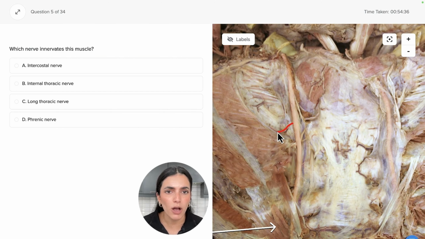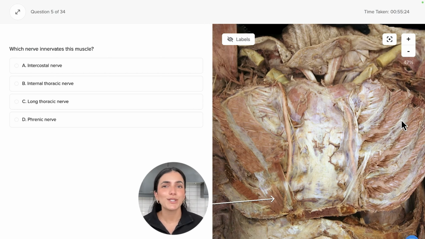We can see some small branches here that end up emerging or branching from that internal thoracic artery. These are actually going to be the anterior intercostal arteries that will travel within the intercostal spaces in between the ribs to go and supply the muscles and the skin that are found in that region. So speaking of muscles, I want us to direct our attention to this area here that is found in between the ribs.